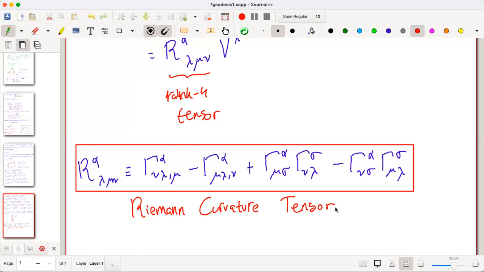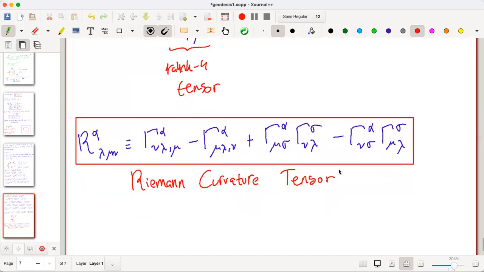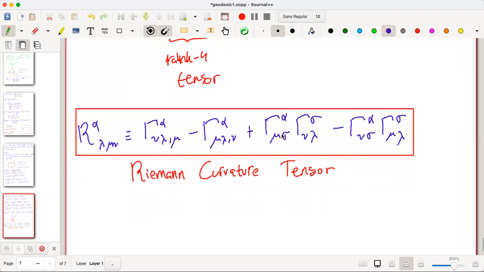I think this is the one that is going to be important in our discussion on gravitation, because this is the one we are going to use when we want to characterize space-time, whether space-time is curved or not.